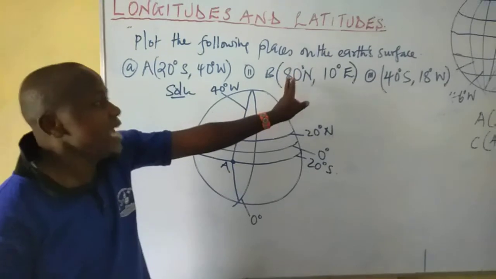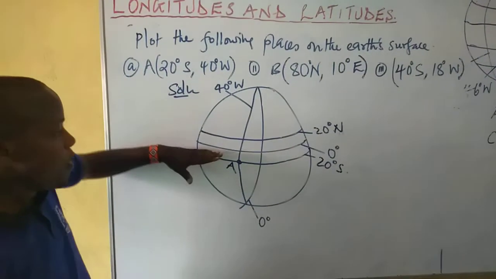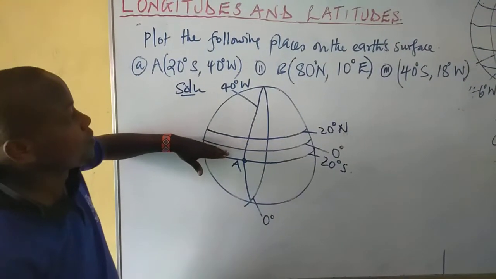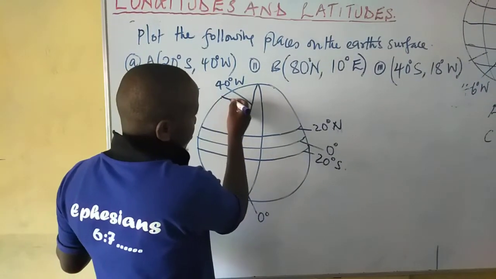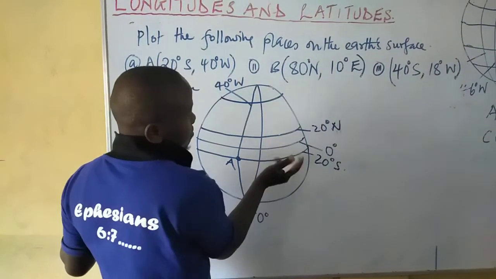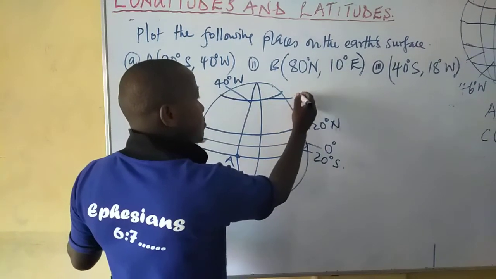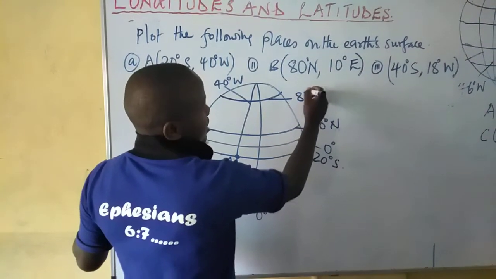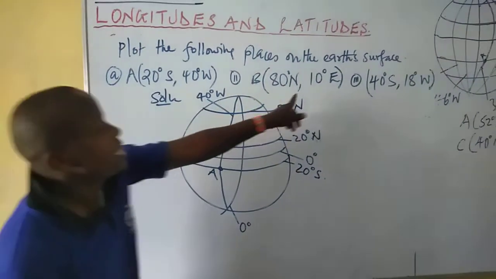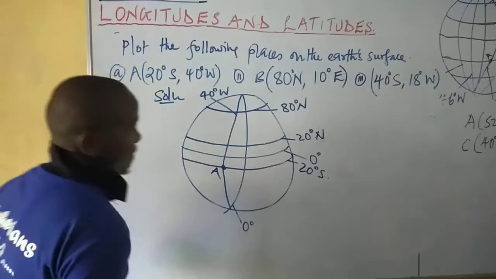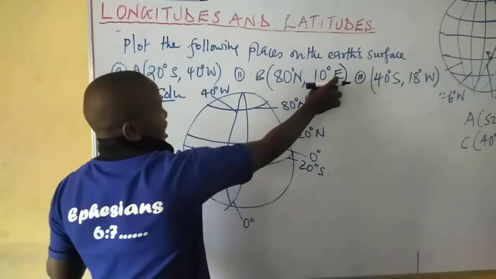Town B is 80 degrees north. Therefore, from 0 degrees equator, 80 degrees north. So 80 should be somewhere here. Very far from 0. 80 degrees north and 10 degrees east. Therefore now this part is giving us the longitude.